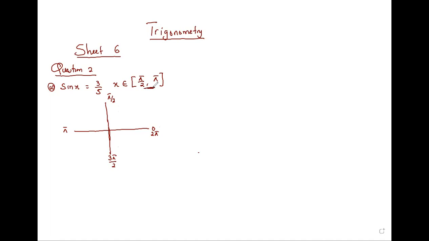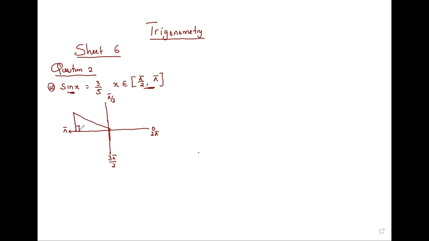Now we know that sine is opposite over hypotenuse. Whenever you think of opposite over hypotenuse, you're talking of a triangle. So we have a triangle now. Remember, the triangle must always be attached to the x-axis.